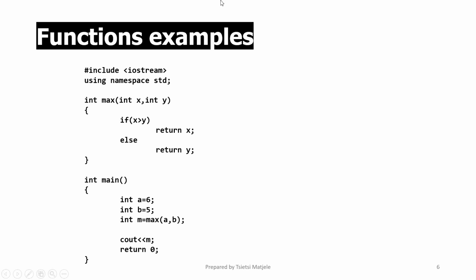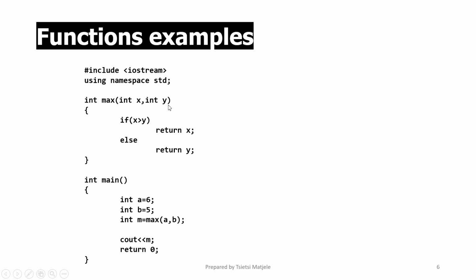So here, when you look at this, we have int max. This is the return type for our function max. Then we have int x. This is our parameter, and int is the data type for this parameter, which is x.